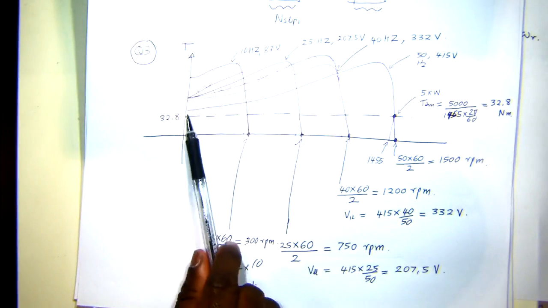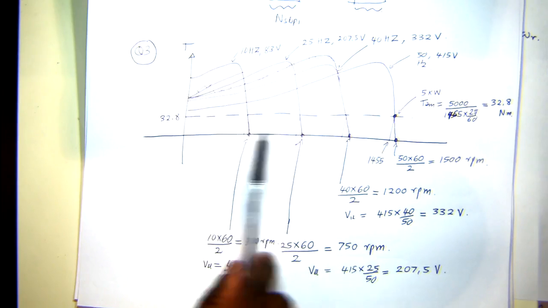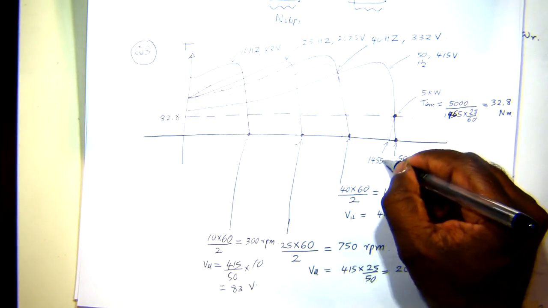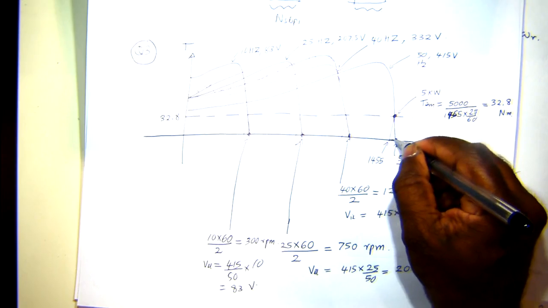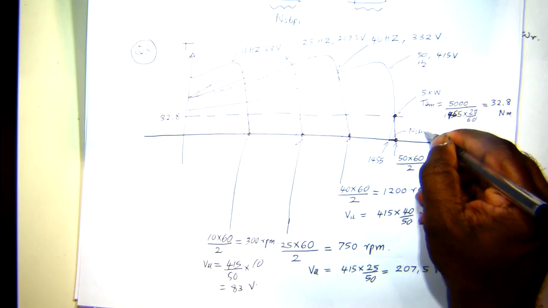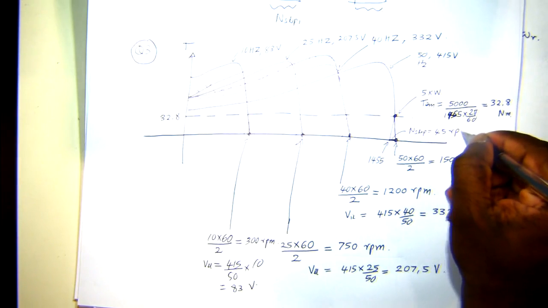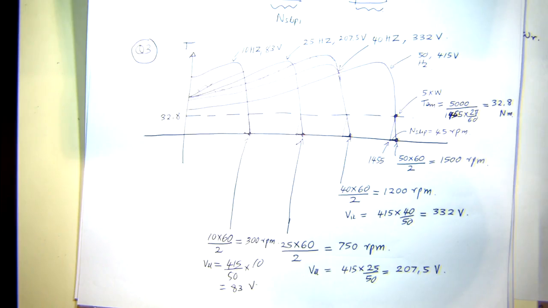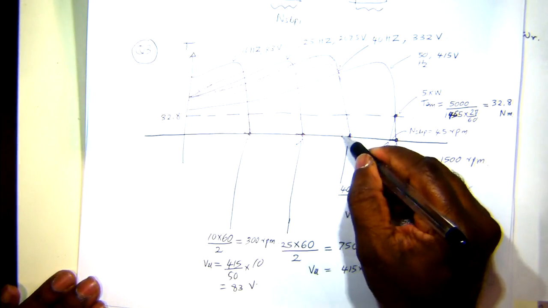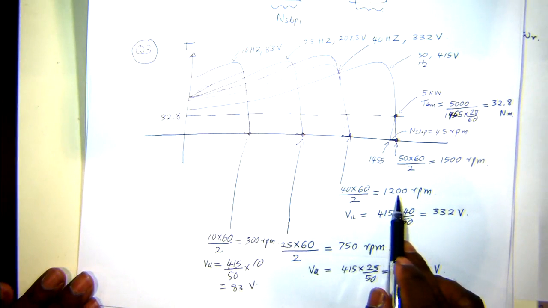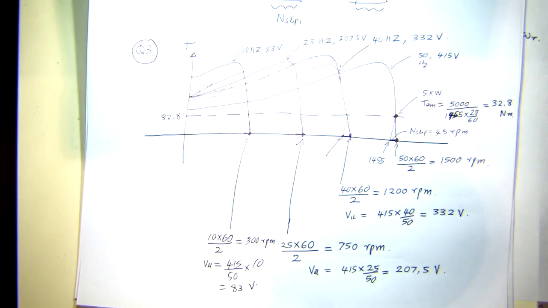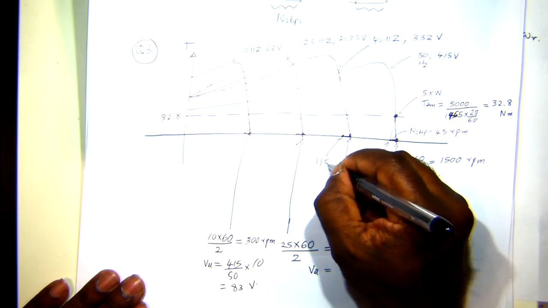So to produce 32.8 Newton meter at all the speeds you consider, here you have a slip of 45 RPM. This distance is 45. Let's say the slip is equal to 45 RPM. Then you need to have similar slips in all the operating conditions. So here the operating speed will be 1,200 minus 45, and the motor will be running at 1,155.